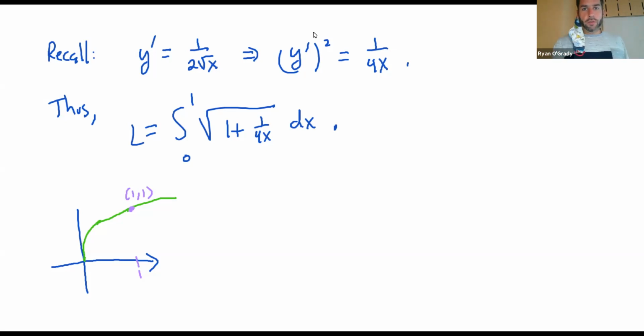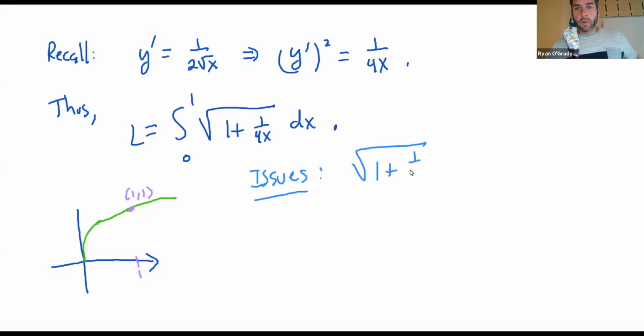So, a couple of issues. The square root of 1 plus 1 over 4x is undefined at x equals 0. That's one issue.